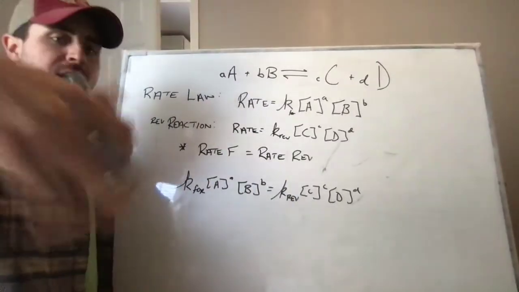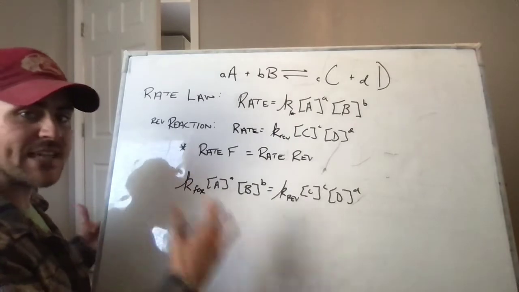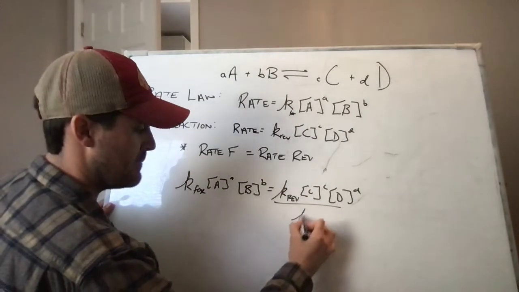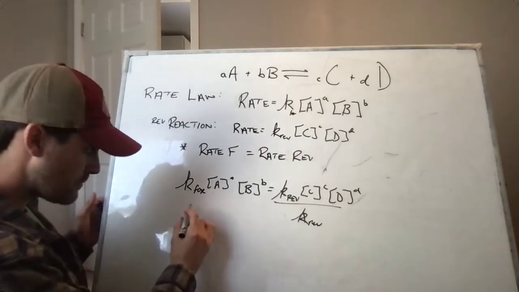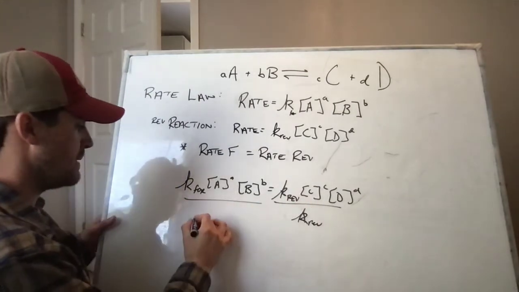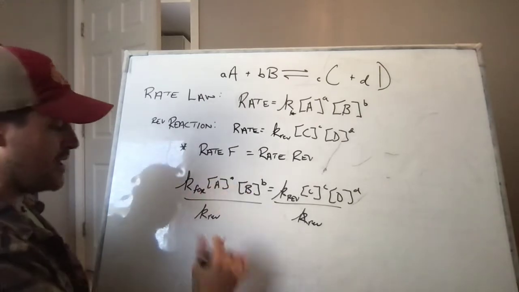So if I start rearranging this and I bring my equilibrium constants to one side, I would divide this side by K reverse, have them cross out. I would divide both sides by K reverse, and I would also divide both sides by A to the a, B to the b.